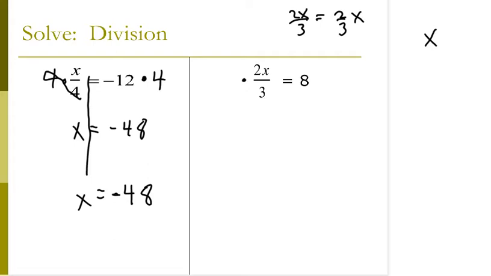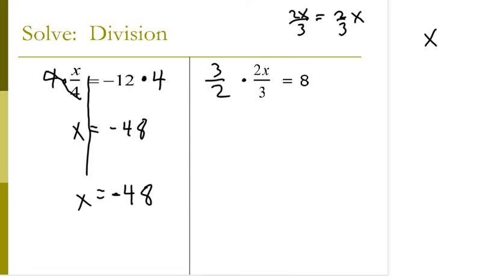The multiplicative inverse is just changing the operations. Instead of dividing by 3, we're going to do the opposite, which is multiply by 3. Instead of multiplying by 2, we're going to divide by 2. So we're going to basically multiply by the reciprocal.